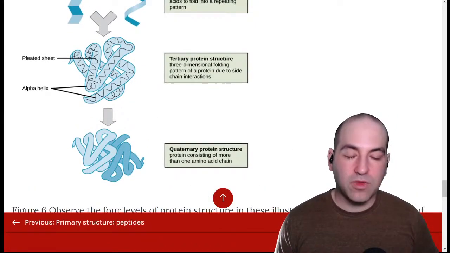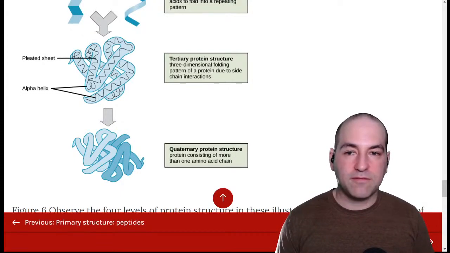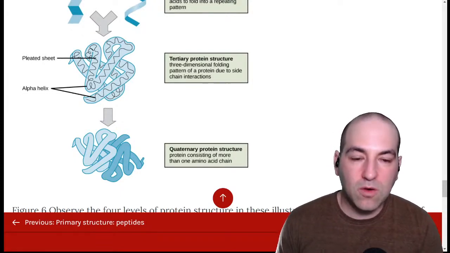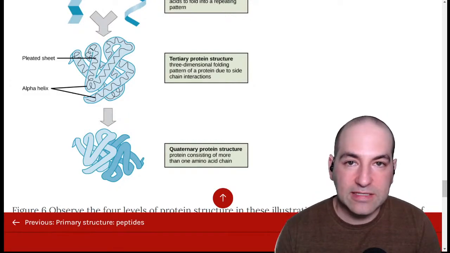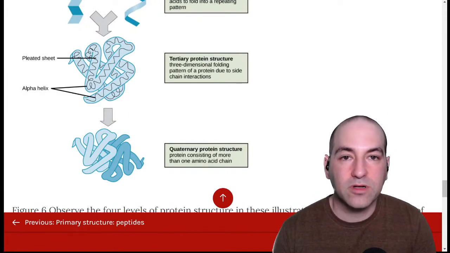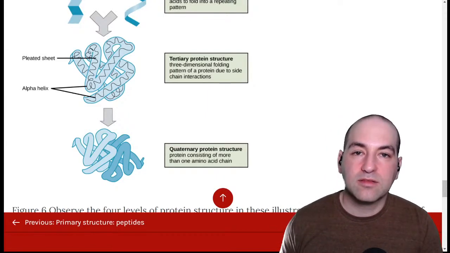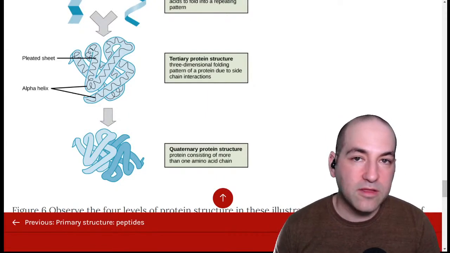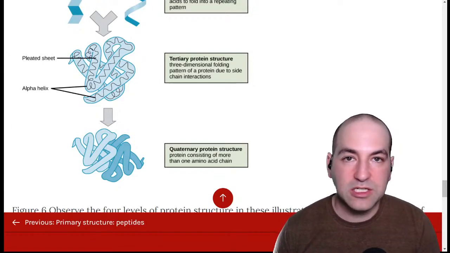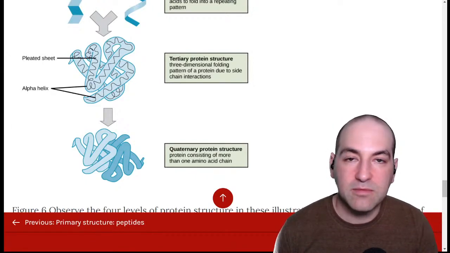All right, so what do you need to know about this stuff? For proteins, you should know first how to identify an amino acid. What does it look like? What functional groups are you going to look for? You're going to look for the nitrogen on one side, the C double bond O and then OH on the other side, and then the alpha carbon with the side chain in the middle. That's how you identify an amino acid.